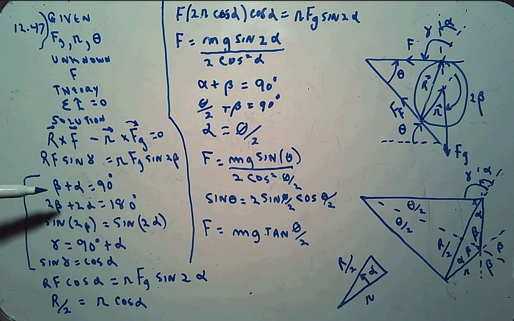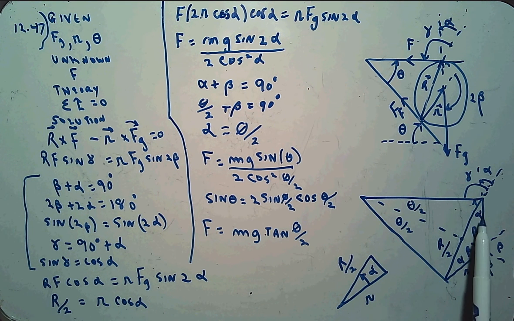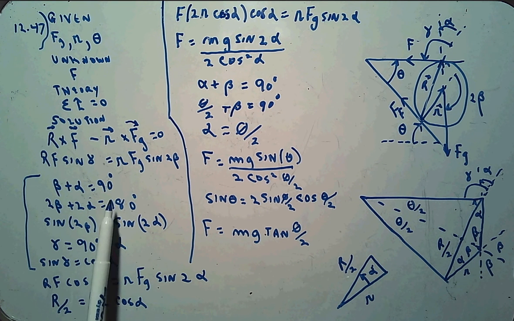Let's start out with trying to get everything into one angle. If I look at this little triangle in here, alpha and beta are the 2 angles in a right triangle, and so alpha plus beta must be 90 degrees.